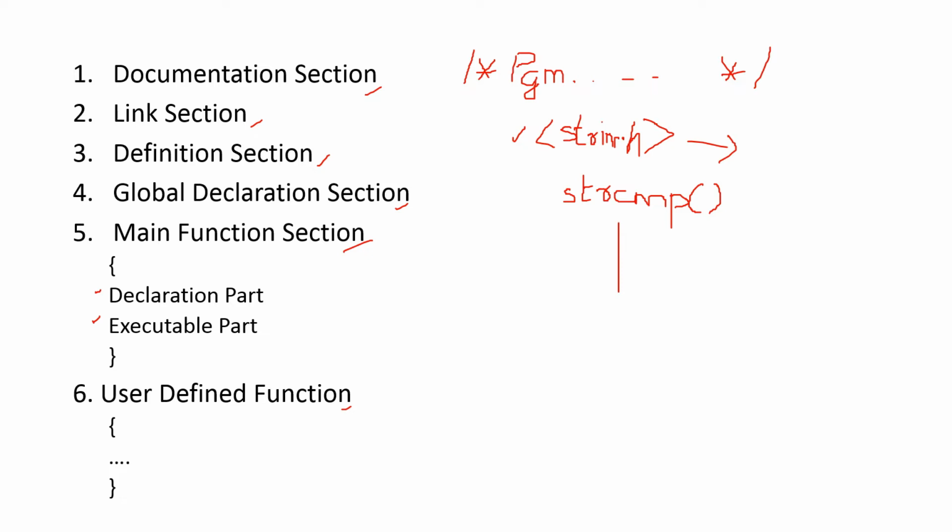If at the top of the program it is written #include string.h, that means the functions which are related to string can be executed. No need to write the full code for the string compare. In the link section, you have linked the string header file. So the compiler will understand strcmp and start comparing the strings.